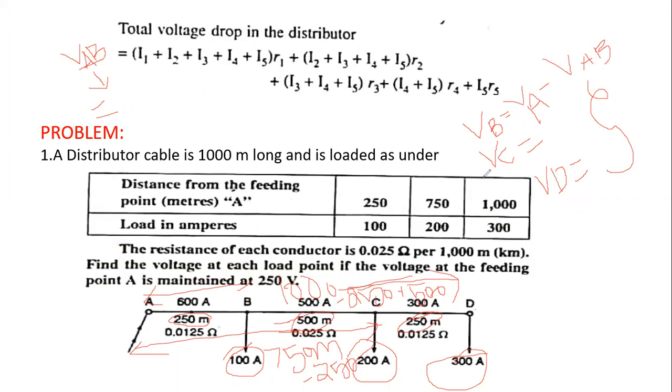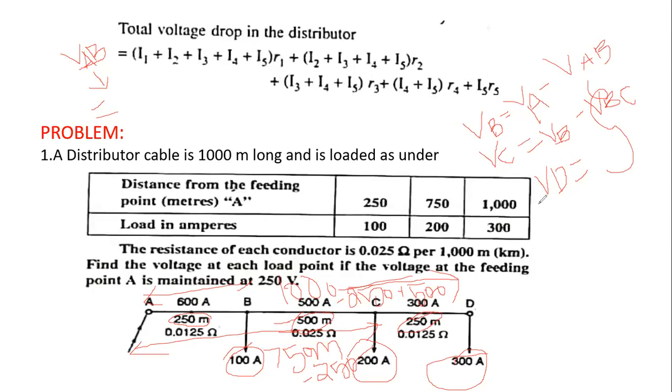Next we calculate the voltage at particular point C. What is the feeding point for that C? That is VB. Therefore, VC is equal to VB minus the voltage drop at section BC. Next, what is the voltage at point D?